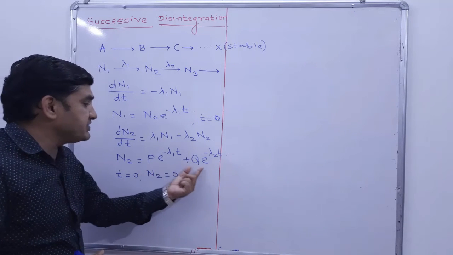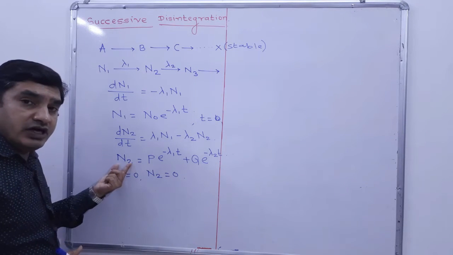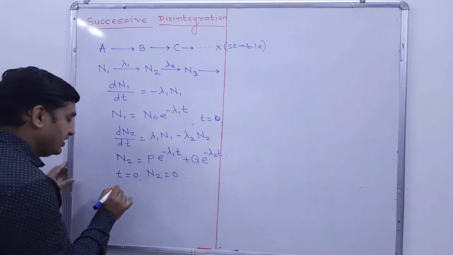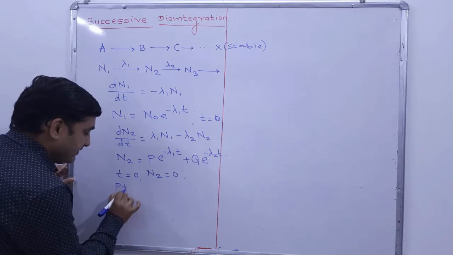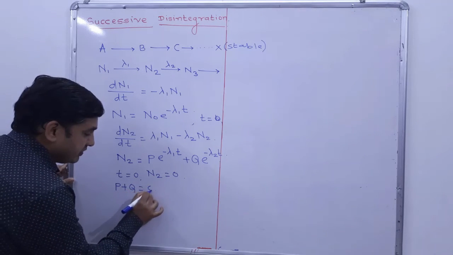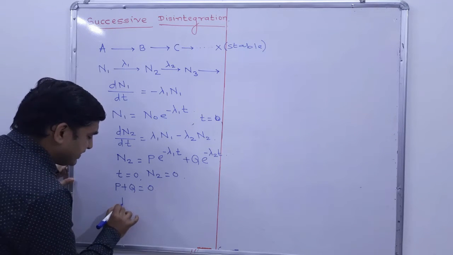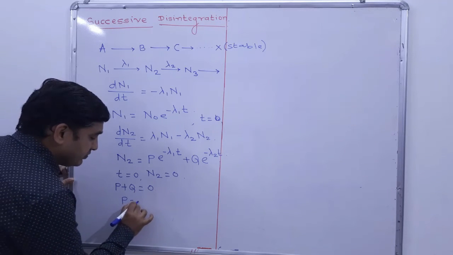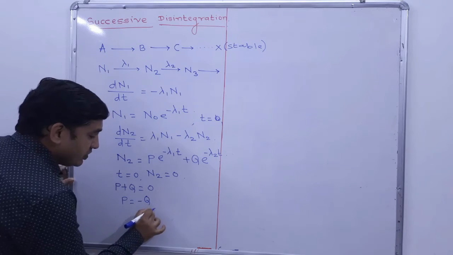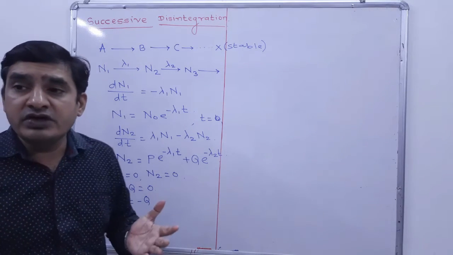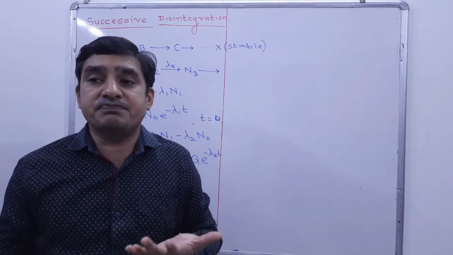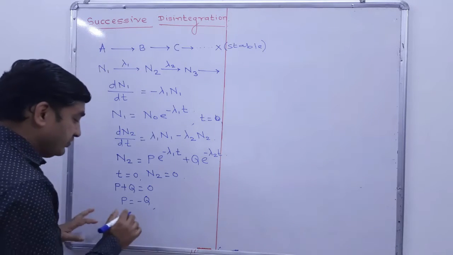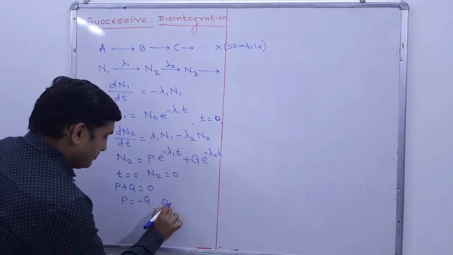So p plus q is equal to N2, which is also 0, and therefore we can say that p plus q is equal to 0. It indicates that p is equal to minus q, or simply q is equal to minus p.